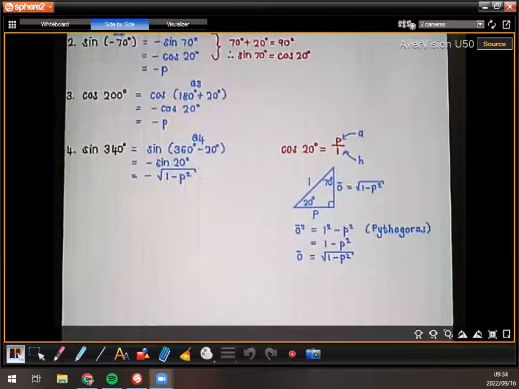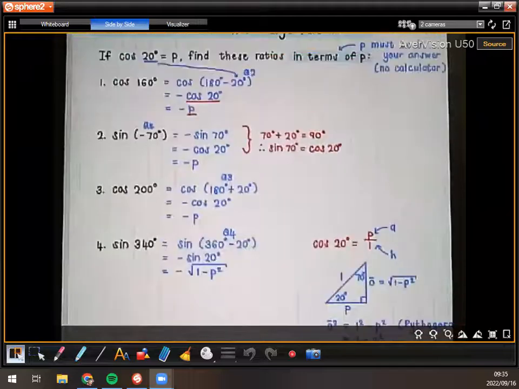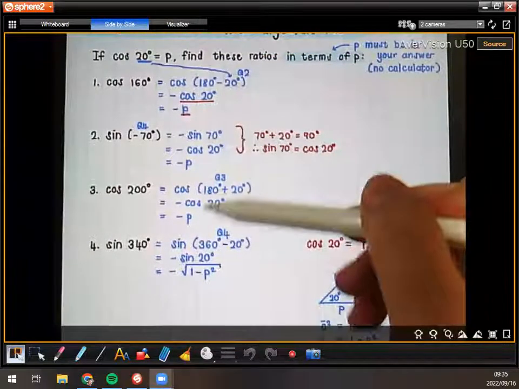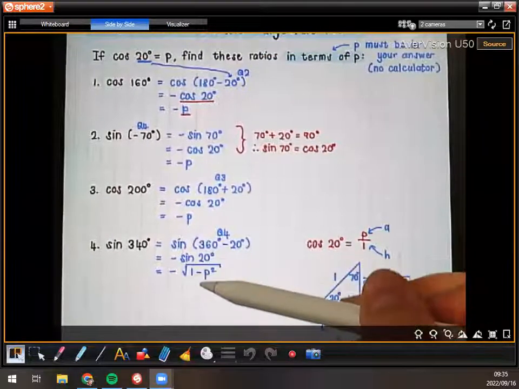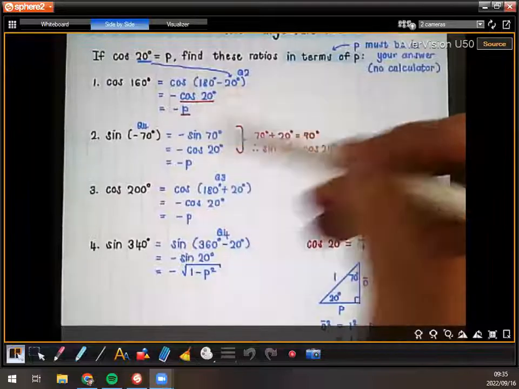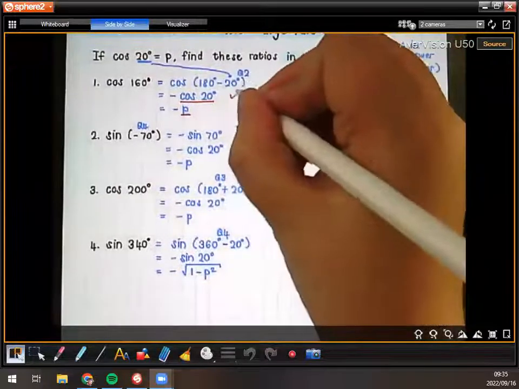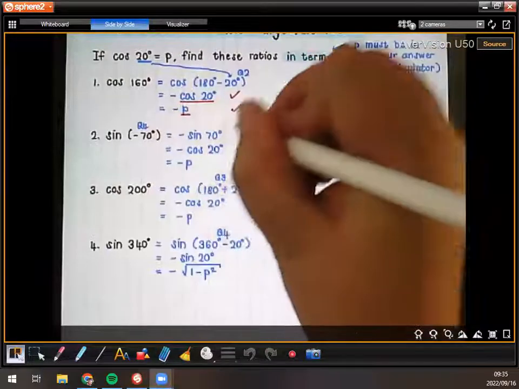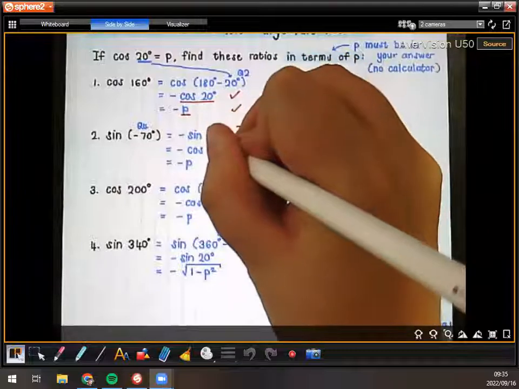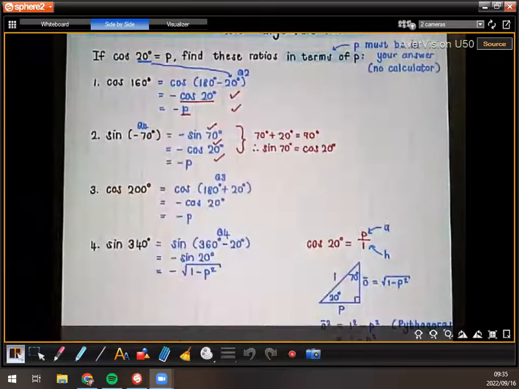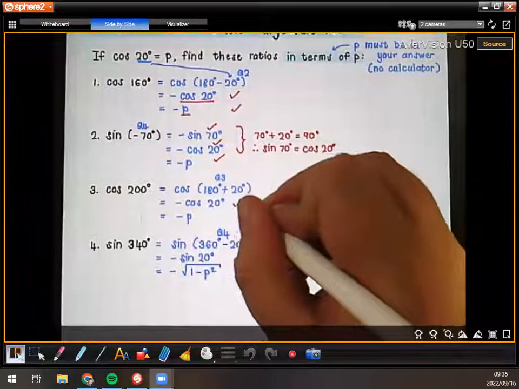Any questions? So guys, in a test or exam, these first questions would count less marks than this fourth one. This one would probably be 2 marks, so we'll give you a mark for that and a mark for that. For this one, I'll give you a mark for that and a mark for that.